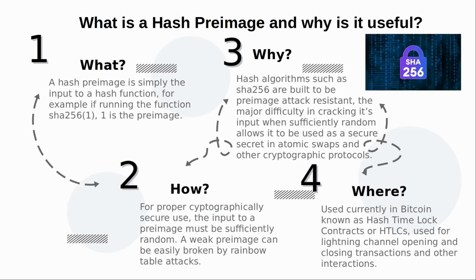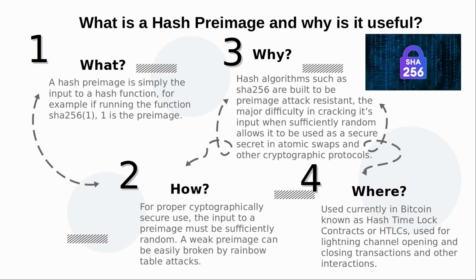So what is a hash preimage? Also, why are we using it? So a hash preimage, at its most simple explanation, is just the input to a hash function. SHA-256 is the hash function we're using today, so if you ran SHA-256 on the number 1, the preimage would be 1. How is this secure?